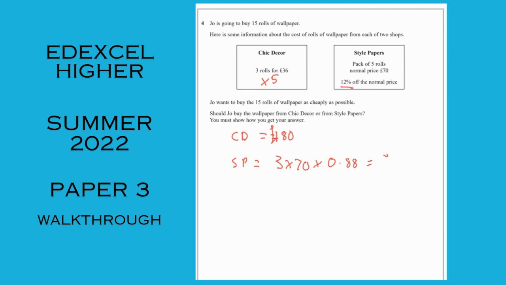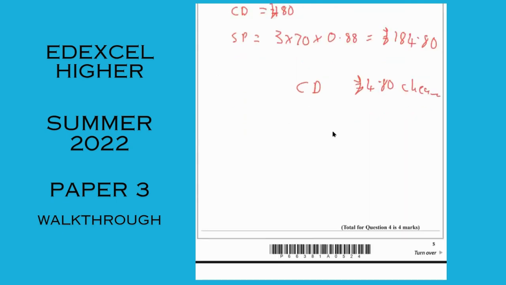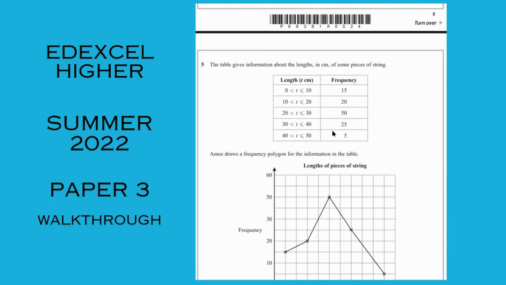However you do it, it works out more expensive, £148. So should Joe buy from there or there? She should buy from CD because it's £4.80 cheaper. You don't need that last bit with it, but feel free. You just need the CD bit.